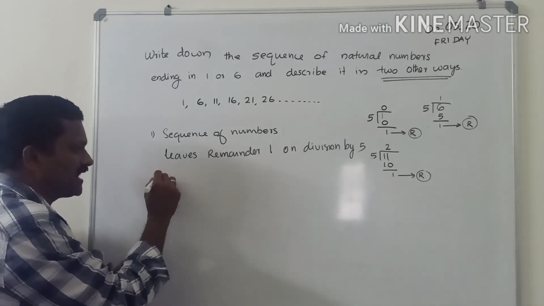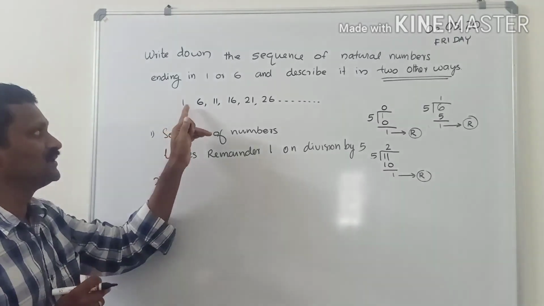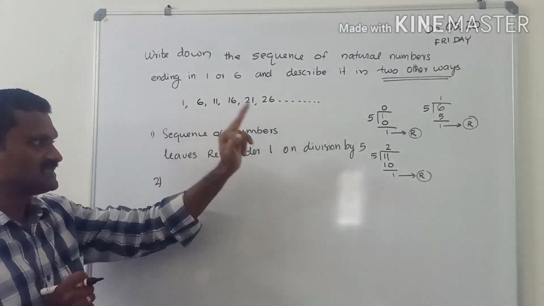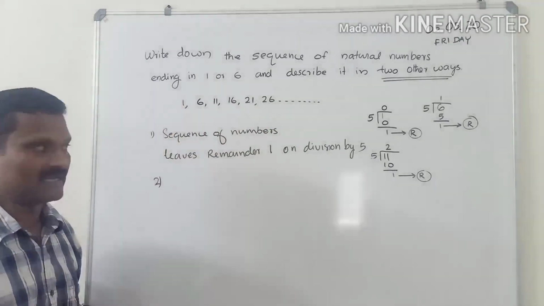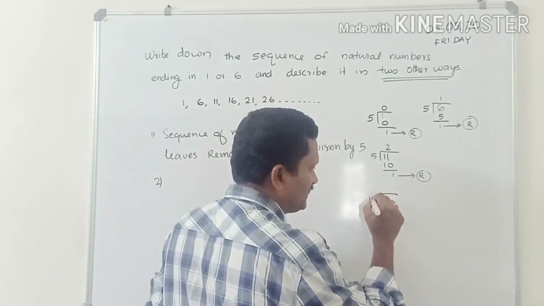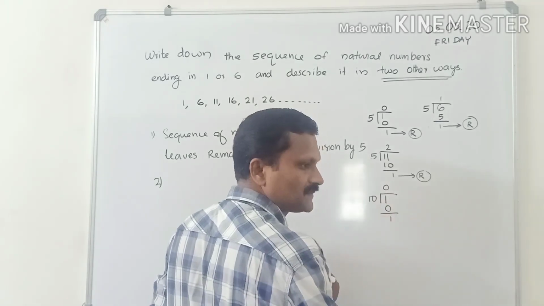Then we find another method. What is another peculiarity of these numbers? Similarly, we divide by 10. The first number 1 divided by 10, we get quotient 0, remainder 1.